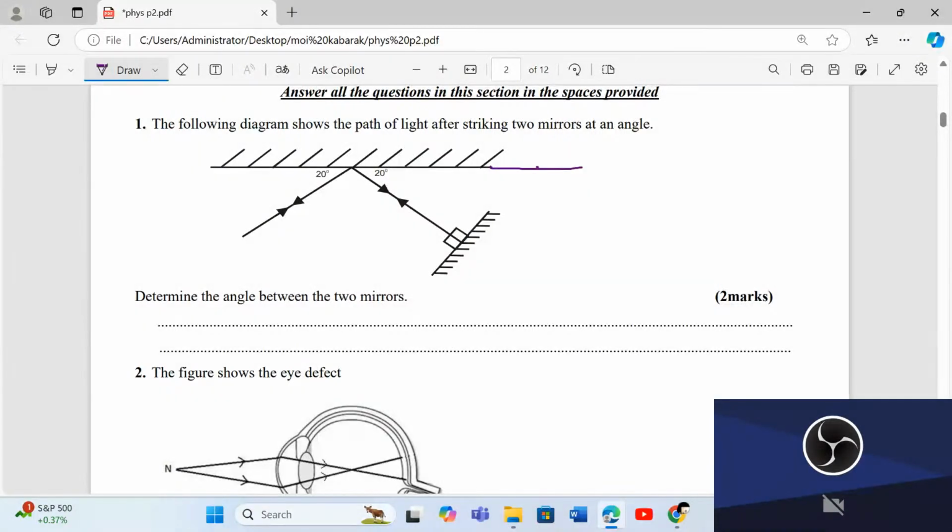That is the figure. Then the second one. Like that.